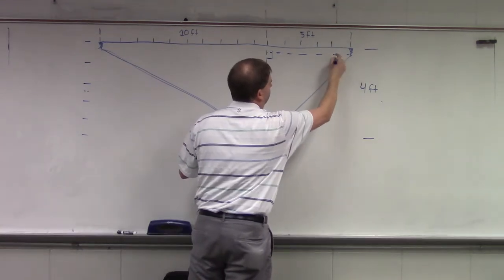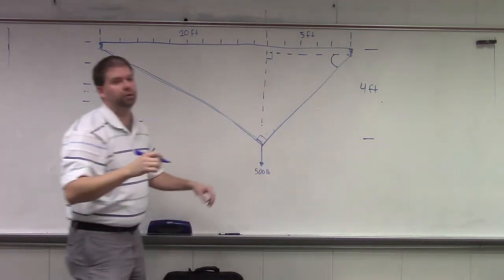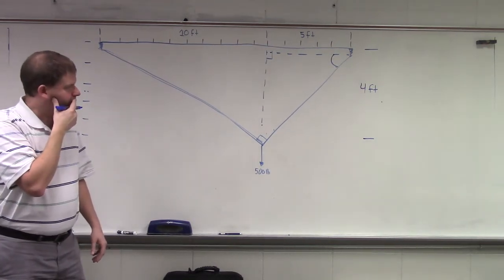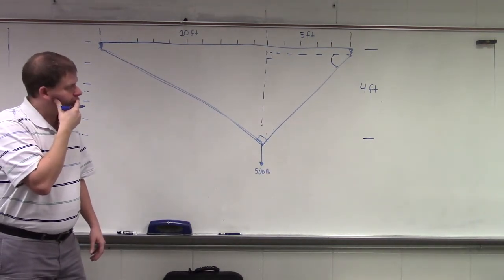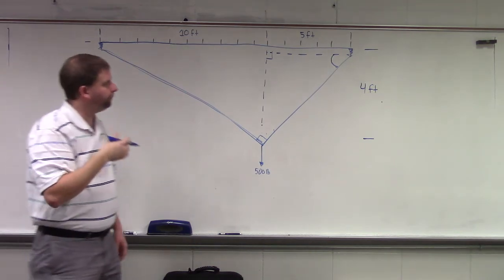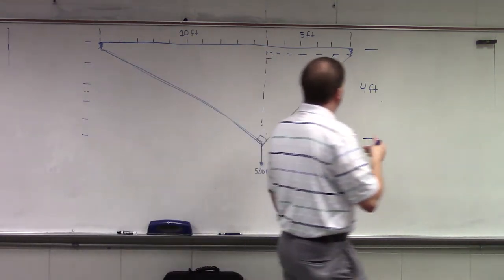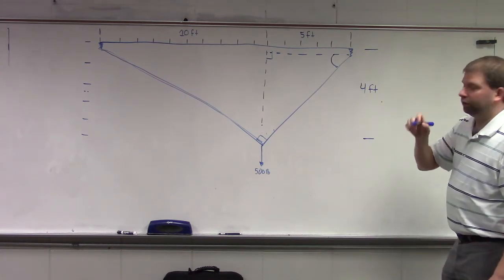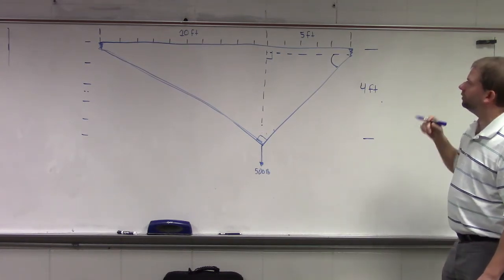Now what does that tell us about this angle? That one would be the 30, wouldn't it? No. Nope. Would that be the 60? No, it won't be a 60. So John, what would we use here to determine this angle?